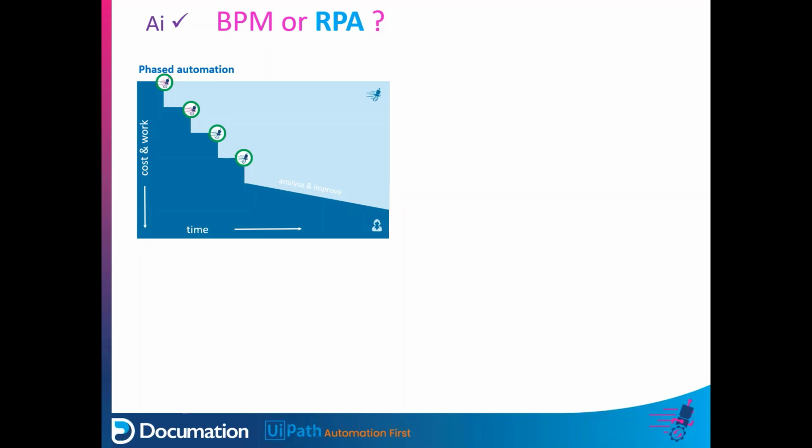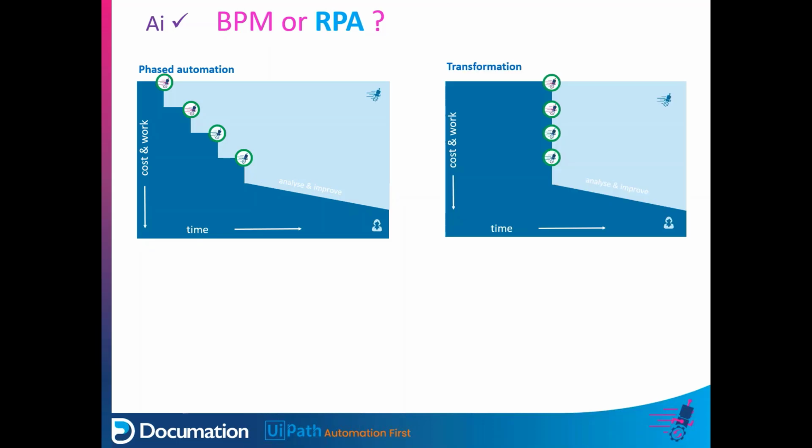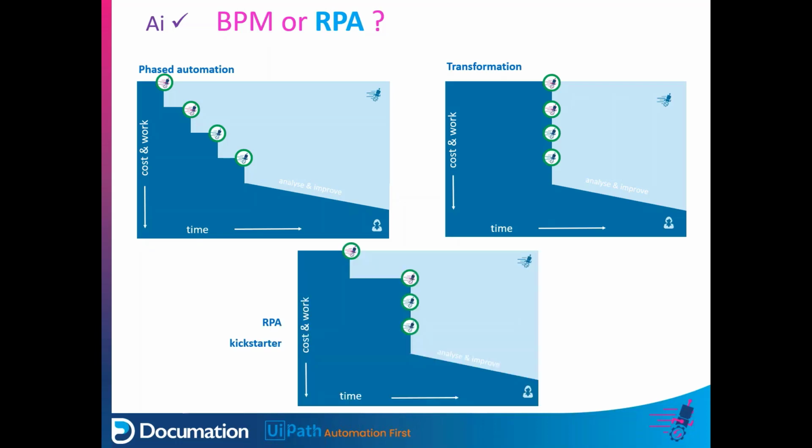And even when we finished our project, the information we're going to gather allows us to analyze and improve along the way. A different approach, and typically this is what we might find with a holistic process transformation, is that we can review and plan our automation and take all those automation steps in one go.